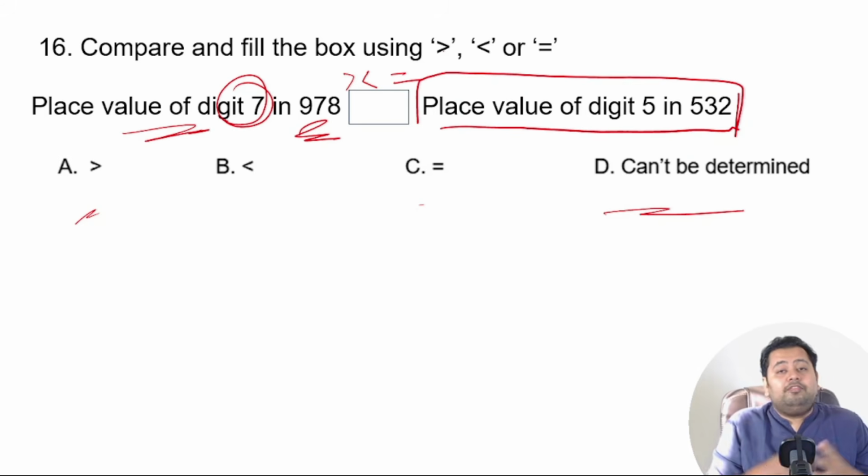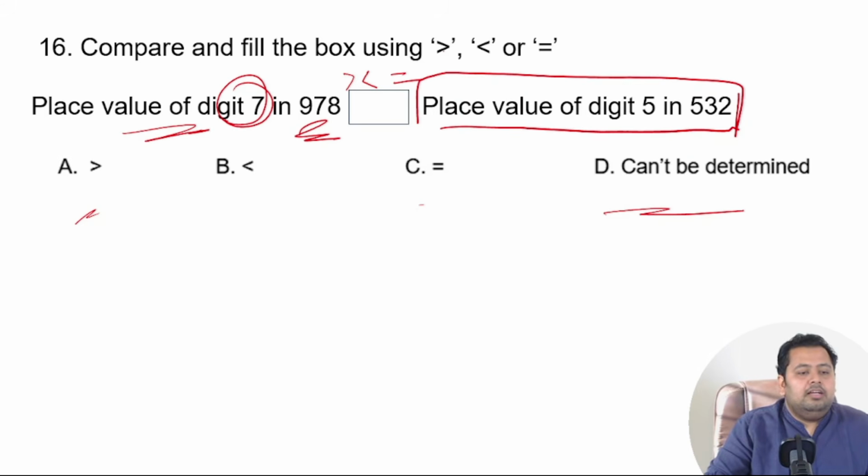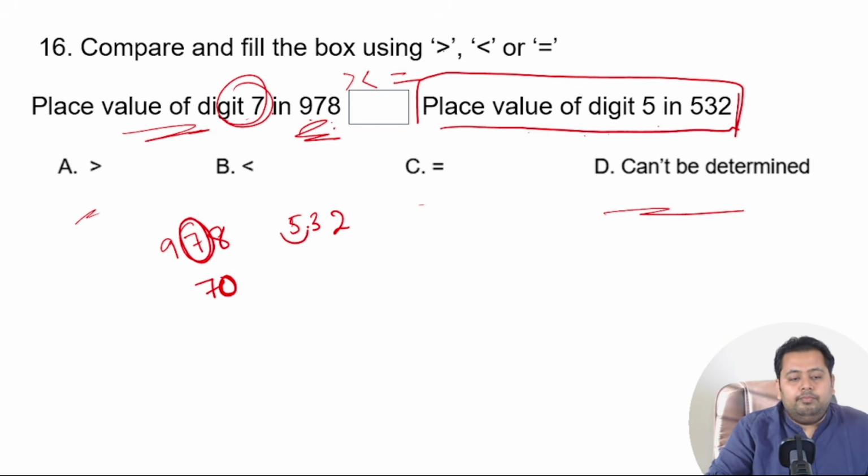Great. I hope you got the answer correctly. So place value of digit 7 in 978, right? 7 is in the tens place. So the place value is 70. Now place value of digit 5 in 532. The 5 is in the hundreds place.